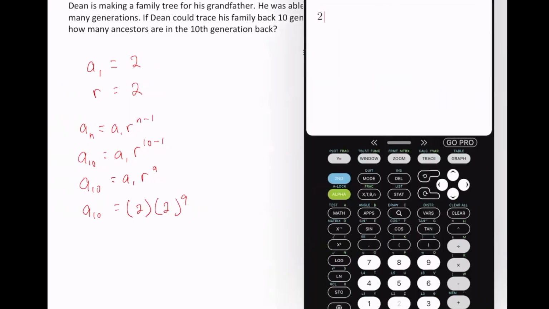A sub 10 will equal 2 times 2 to the 9th power. And that gives us a value for the number of ancestors in the 10th generation: 1,024.